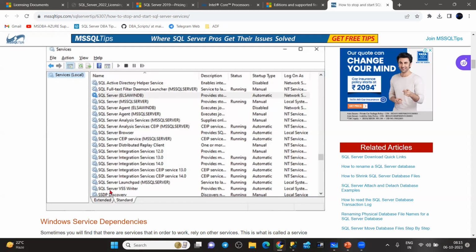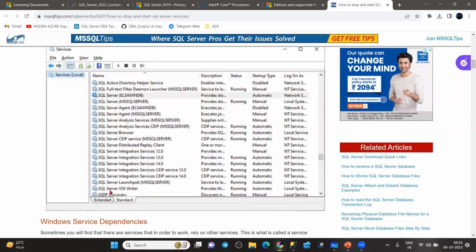Sometimes they can't connect to the SQL Server, and you need to troubleshoot that. There are predefined steps to verify how the VSS writer is functioning and why your third-party tools are not able to connect. That is also our responsibility.